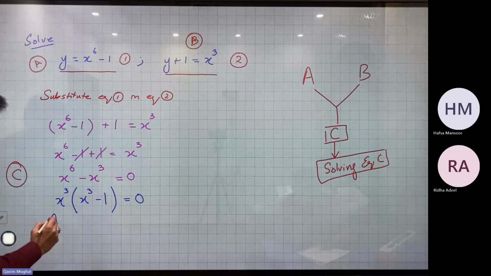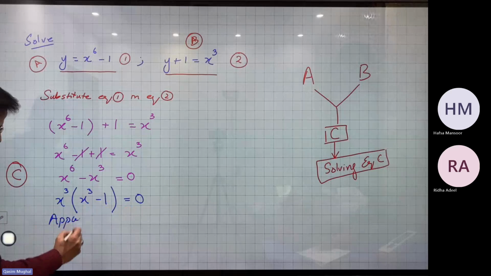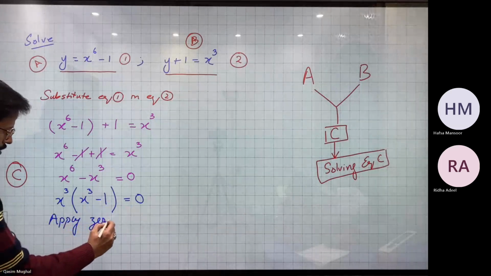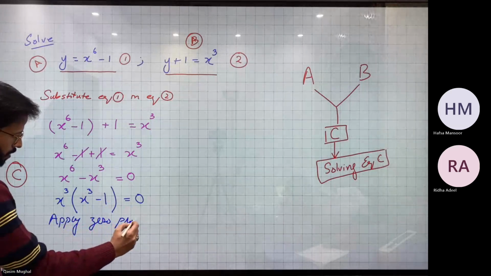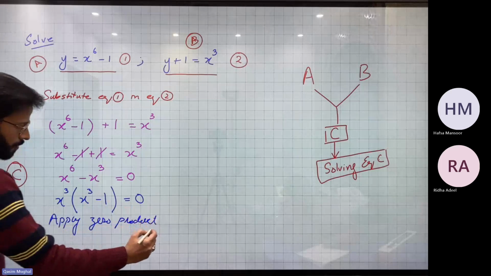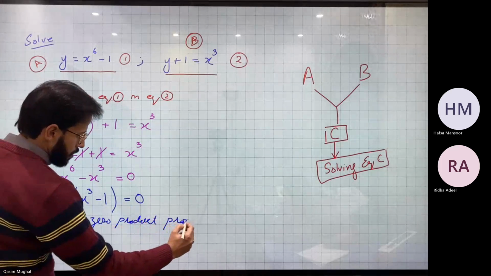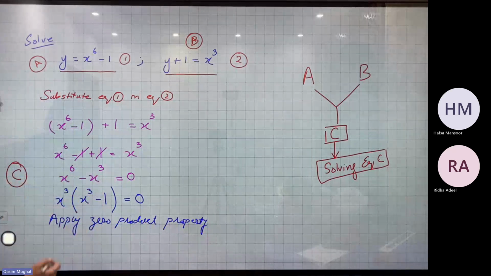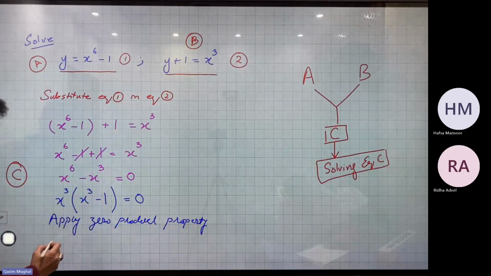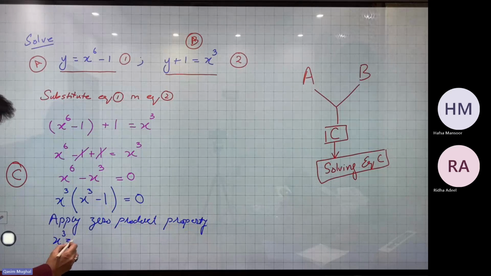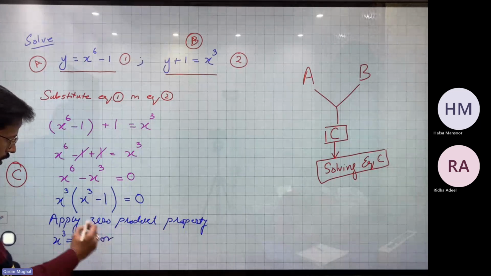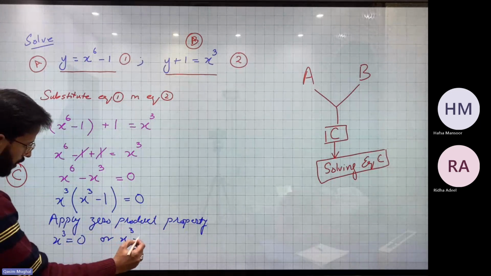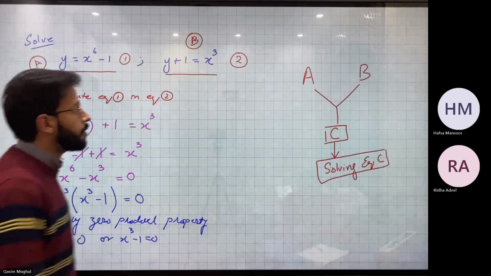Now we apply the zero product property. So I'm solving this by factorization. Either this factor, which is x cubed, will be equal to 0, or x cubed minus 1 will be equal to 0.